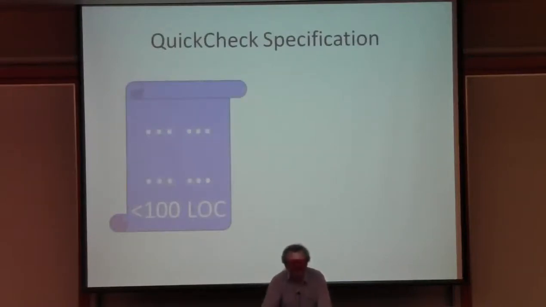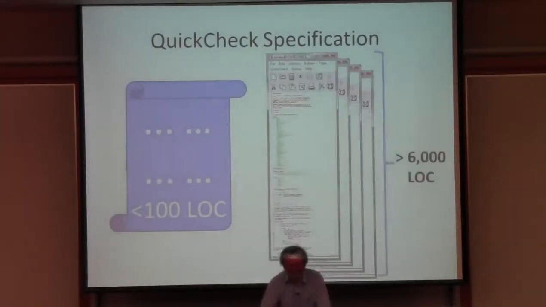In fact, it's less than 100 lines of code to specify the key parts of dets. The implementation, meanwhile, is in 4 modules, and it's more than 6,000 lines of code. Why? It's building hash tables on the disk, and there's all kinds of complicated stuff going on in there. But its behavior can be specified very simply.